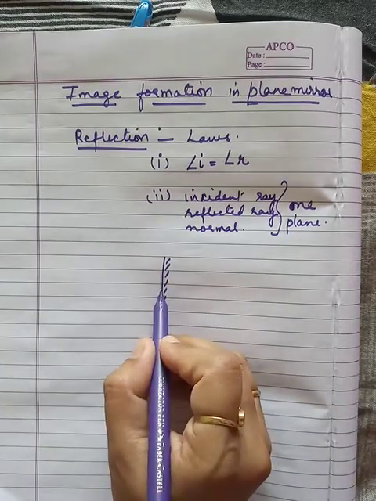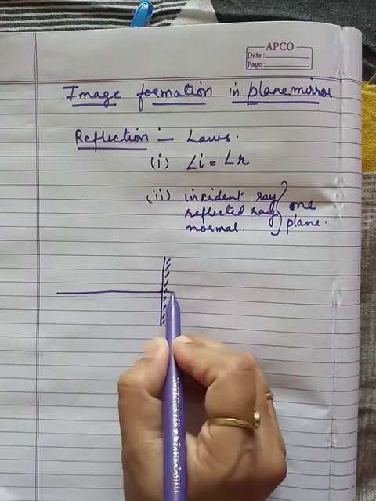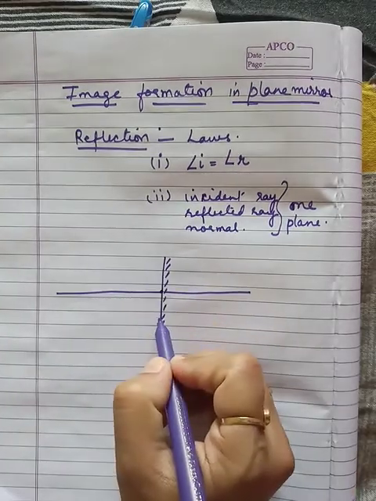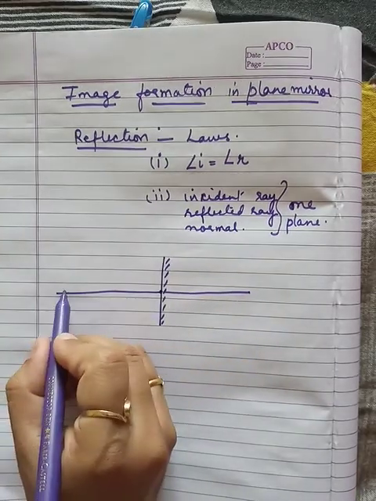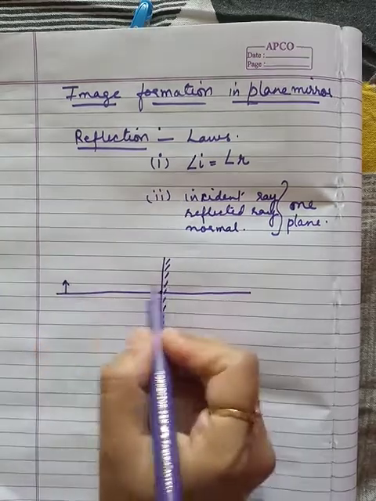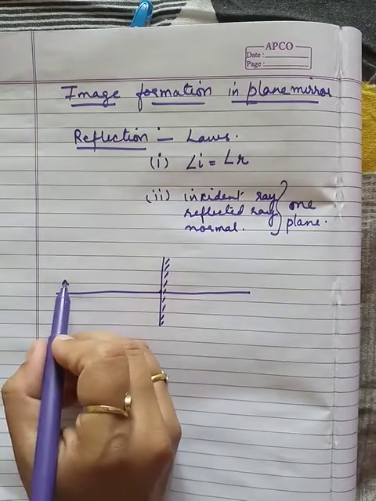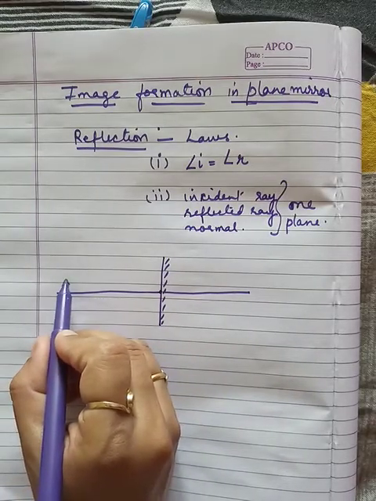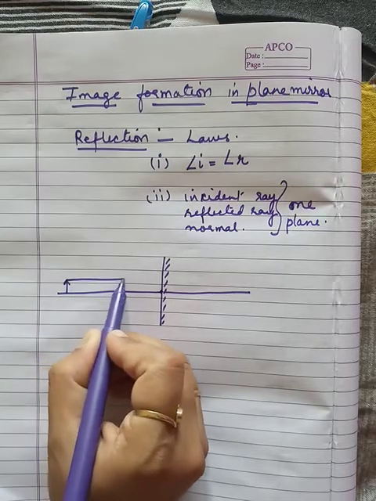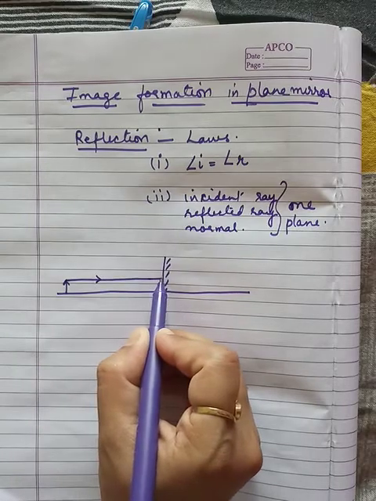From the center I will draw a principal axis which is perpendicular to the plane mirror. Let us say our object is placed over here, or we are standing in front of the plane mirror like this. Light reflected from the object, if it is traveling in a straight line parallel to the principal axis, that light we will consider.